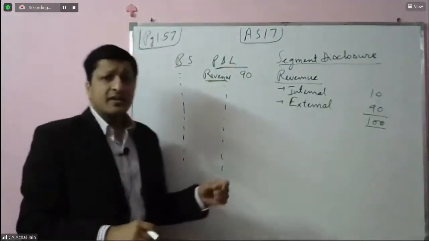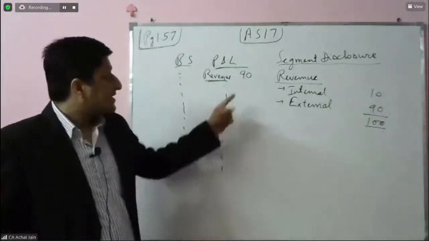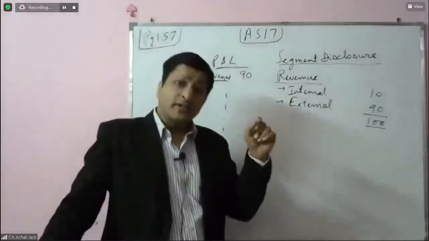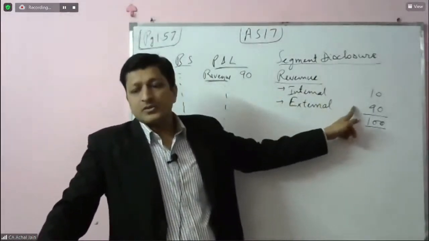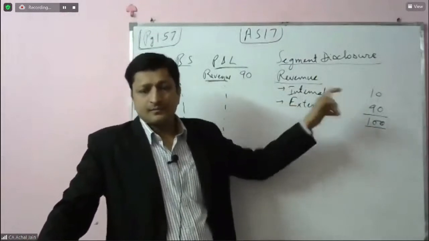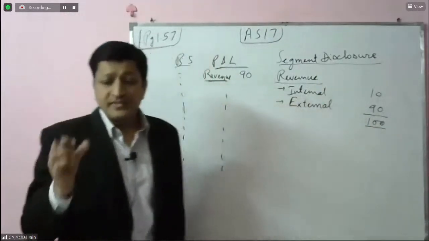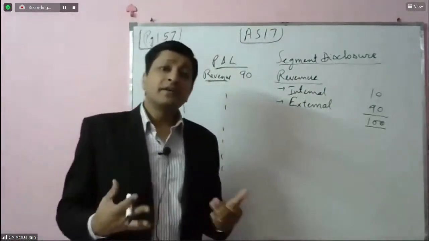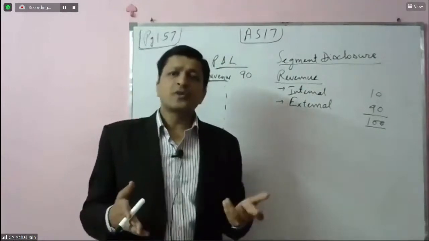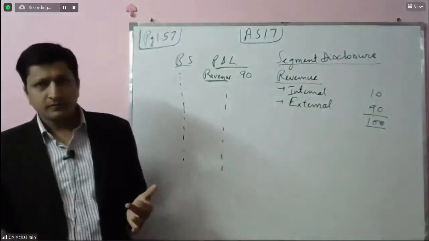So now when the revenue which is reported in the P&L, let's suppose if that is 90, you need to ensure that 90 is the number which is also getting disclosed in the disclosure. There should not be any mismatch. If there's a mismatch, what would happen? It would confuse the readers. Any user of the financial statement will get confused with that. Yes or no?